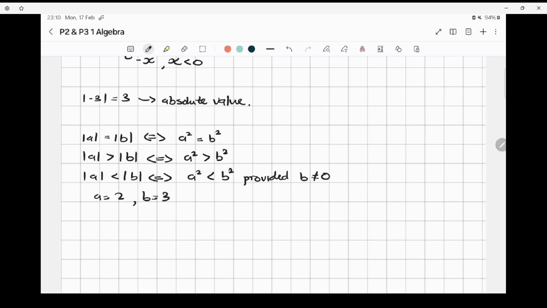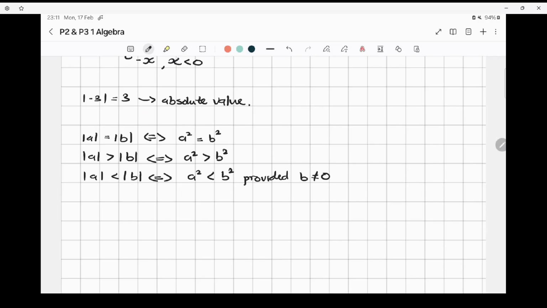So 2 is smaller than 3. It does make sense. Let's say A is minus 2. Minus 2 squared is smaller than 3 squared. So this also makes sense. But if B equals 0, then when you take the modulus of minus 2, you get 2. Then you contradict the inequality part, which is why B cannot be equal to 0.